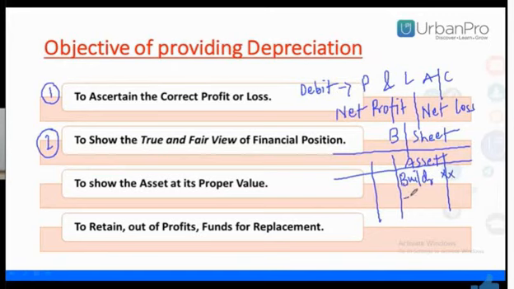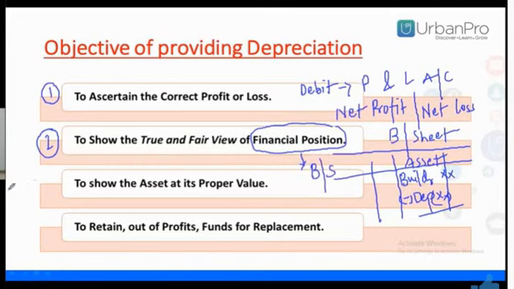From building, we deduct the amount of depreciation. If we don't deduct it, then our financial position will not be correct, because the amount of building will remain the same every year, which is not correct. So to show the true and fair view of financial position, here meaning the balance sheet, we charge depreciation.